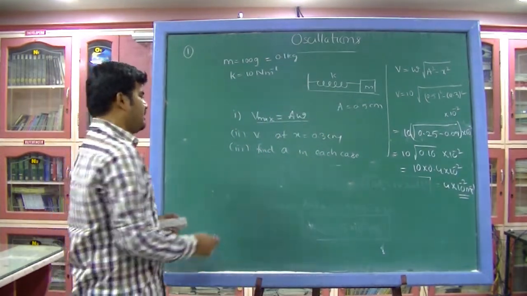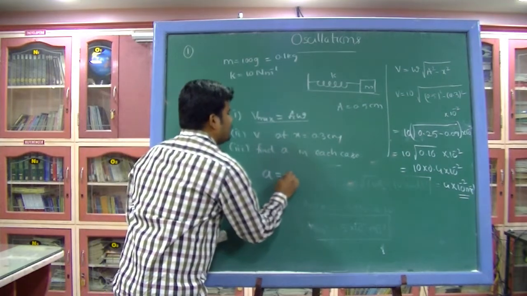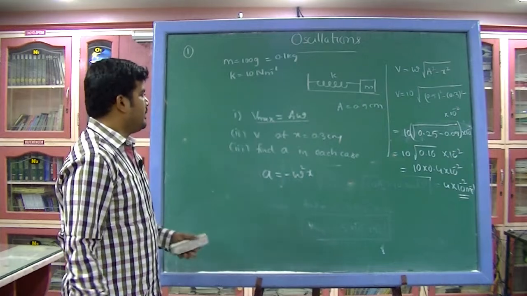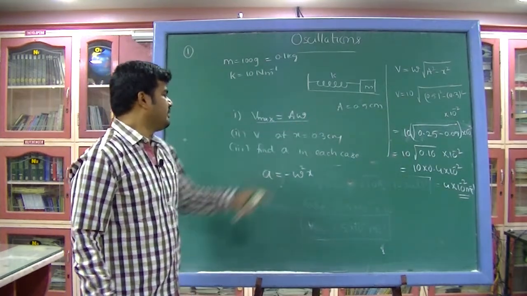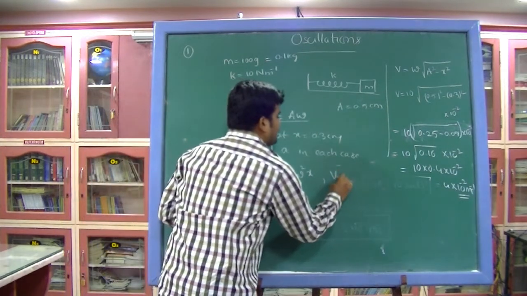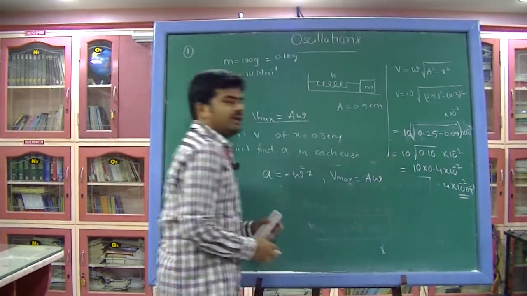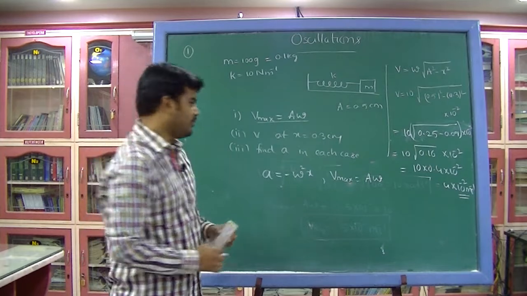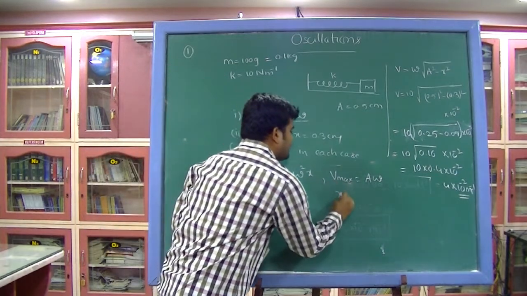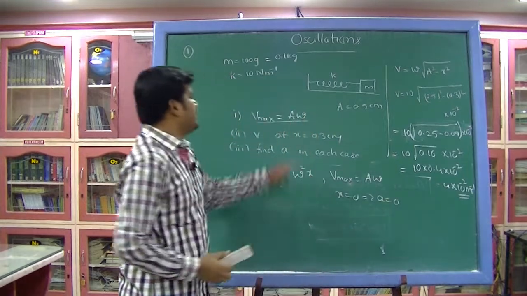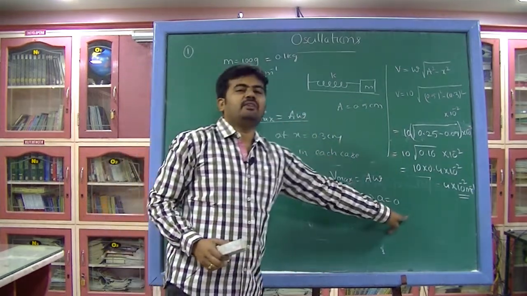So, we know acceleration is equal to minus omega square x for simple harmonic motion, and if you take the first case, it is V maximum, that is equal to A omega. That means velocity maximum at mean position only. So, for this particular case x value is 0, that implies acceleration is 0. So, at velocity maximum acceleration is 0.